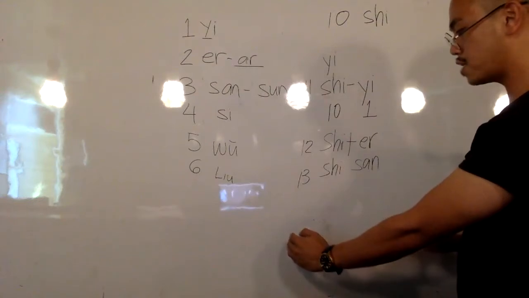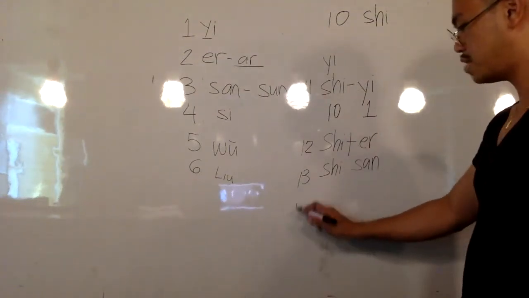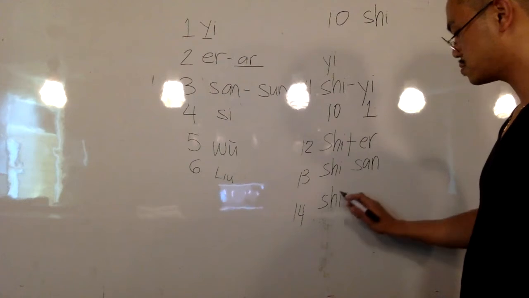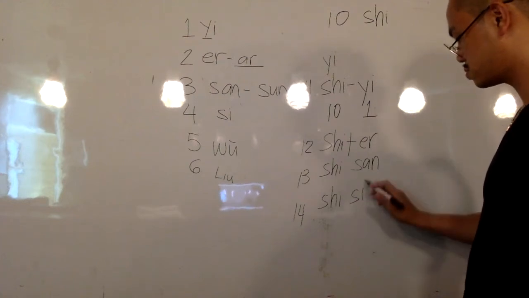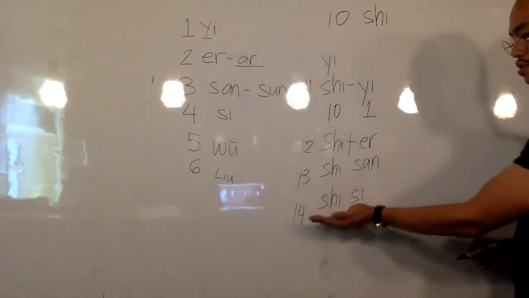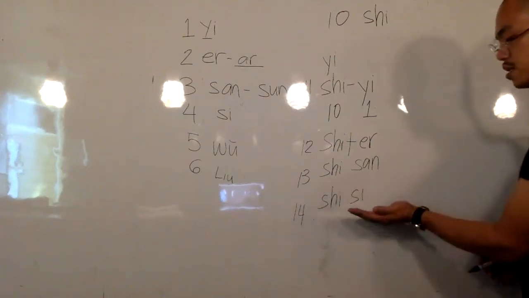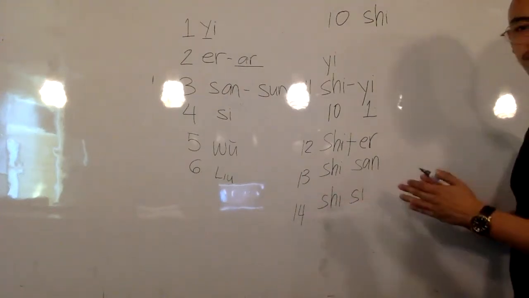This goes until 19. So 14 will be shi si. Not shi shi, that's the wrong pronunciation.